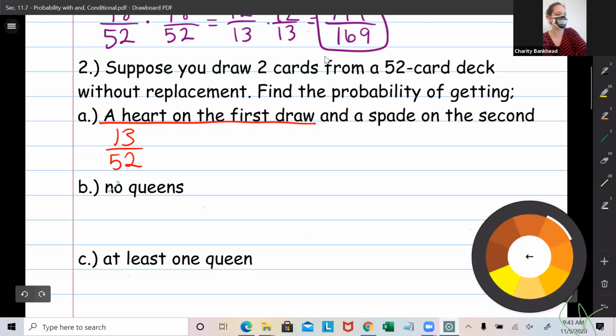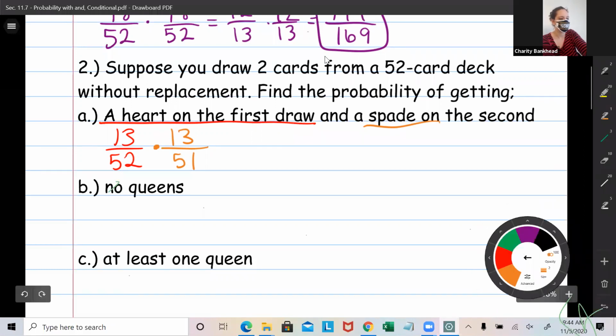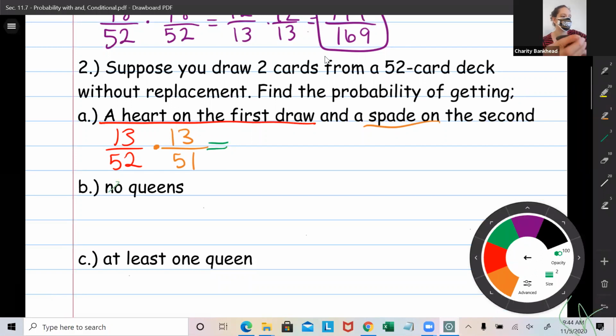There's still 13 spades in the deck, but now there's only a total of 51 cards in the deck because you've got that one other card already taken out. You're holding on to it. So I'm going to my calculator and type in 13 ABC 52 times 13 ABC 51. And that gives me 13 over 204.